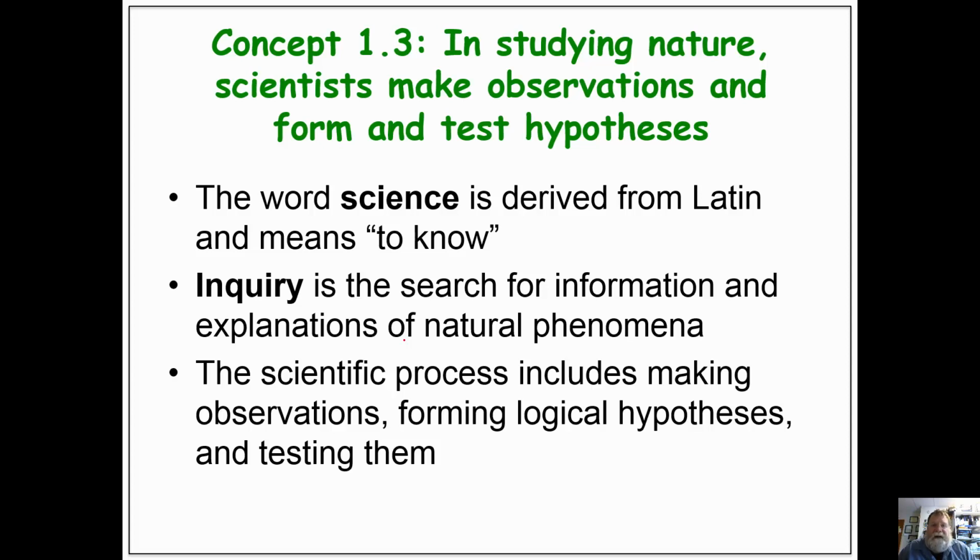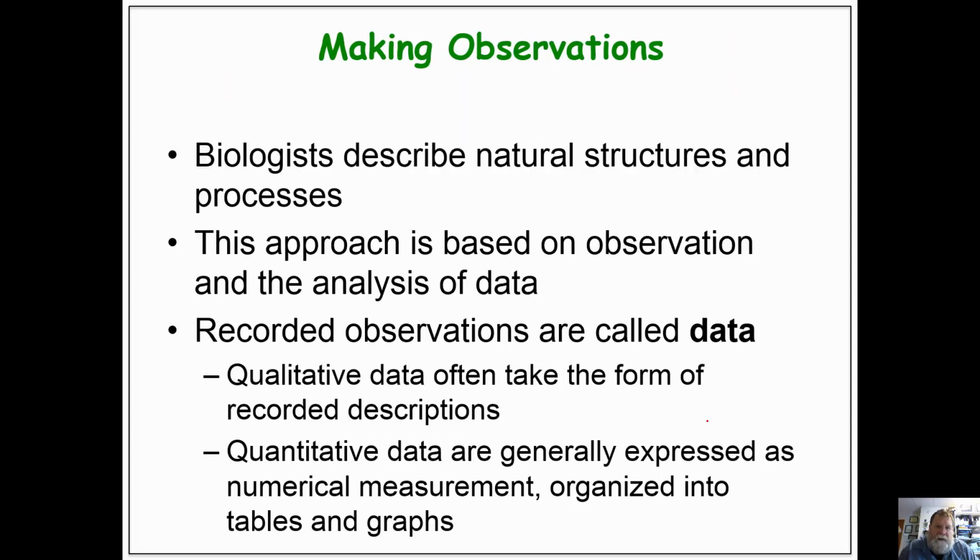Again, observation. Scientists make observations, and then they try and test these answers that depend on those observations. Inquiry is the search for information and explanations of natural phenomena. We are a very inquisitive species, and so we are trying to do this. So what are we going to do? Making observations, recording data.